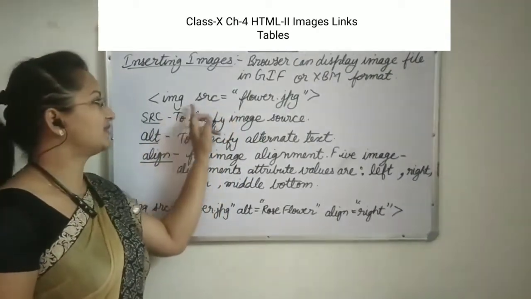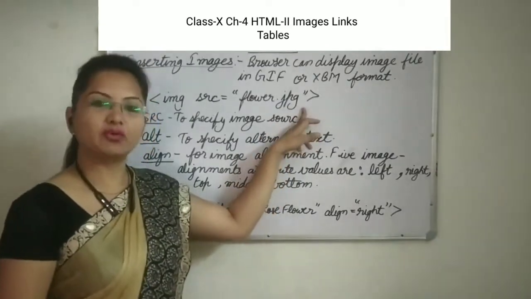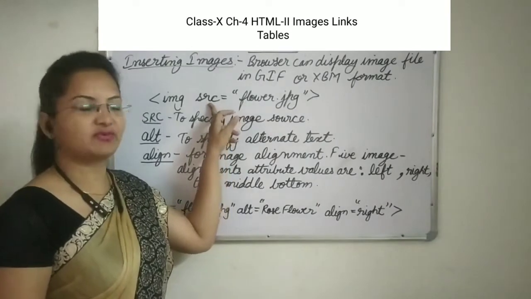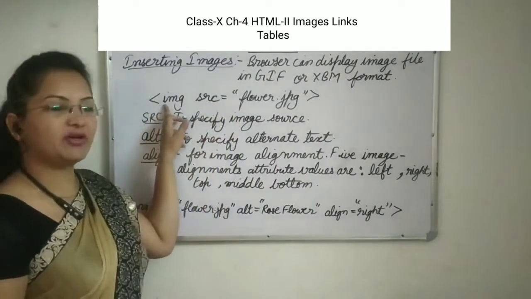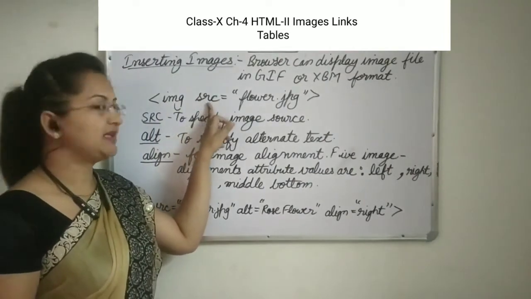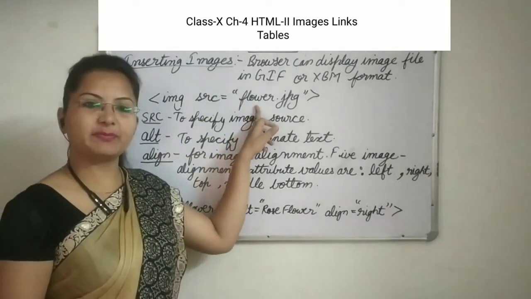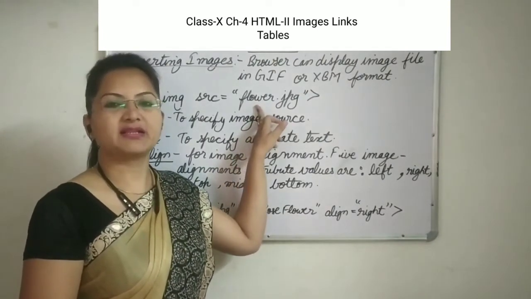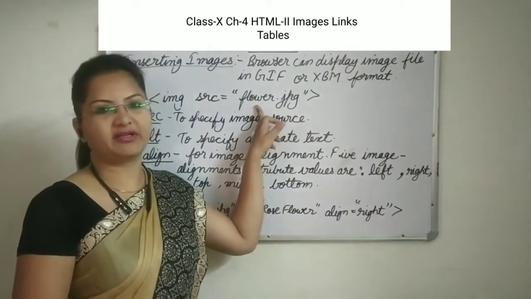Students, this is the code that you have to write in Notepad so that you will be able to see a picture in the web browser. Inside the body tag you have to write img, then src equals, and here you write the picture name, a picture that is in your computer or that you have downloaded from the internet.